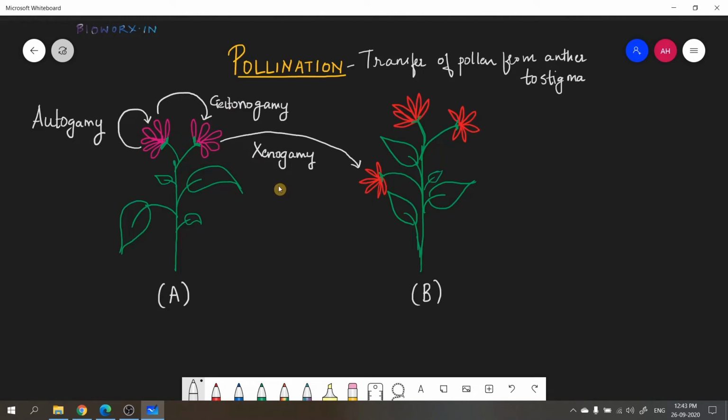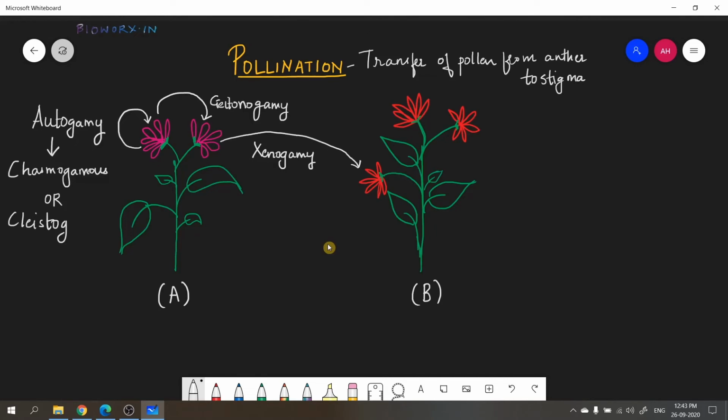Now, let us look into autogamy a bit in detail. In autogamy, the flower can be either Chasmogamous or the flowers can be Cleistogamous.